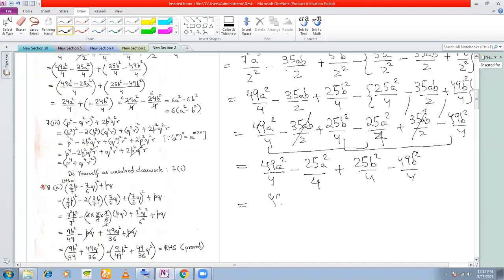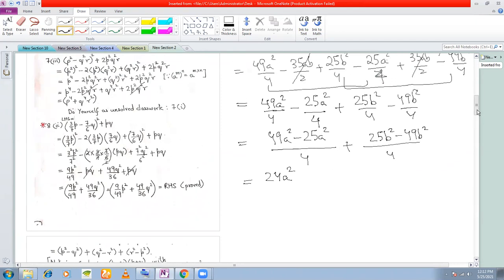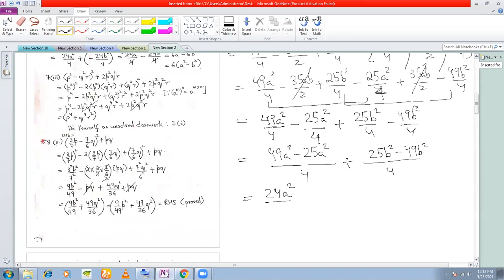We get (49a² − 25a²) by 4, and for the last two terms (25b² − 49b²). So 49 minus 25 is 24a² by 4, plus 25 minus 49 gives minus 24b² by 4.